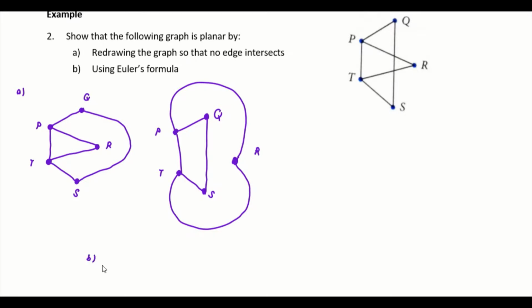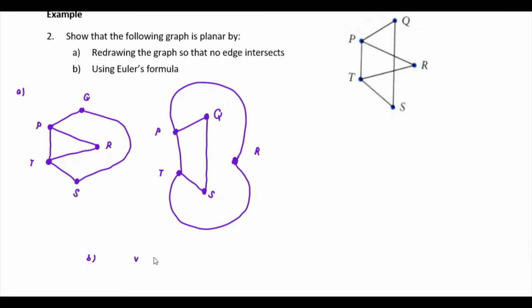Please make sure that you do not straight away write V plus F minus E equals to 2 in your exam, because I know that that's your Euler's formula. But at the end, what you need to do is show that this thing is equal to 2. So it will be good that you state everything that you try to do here. For example, we know that we need to get the number of vertices, right? So start with stating everything first.